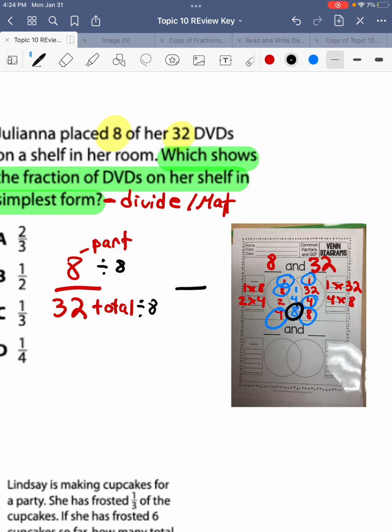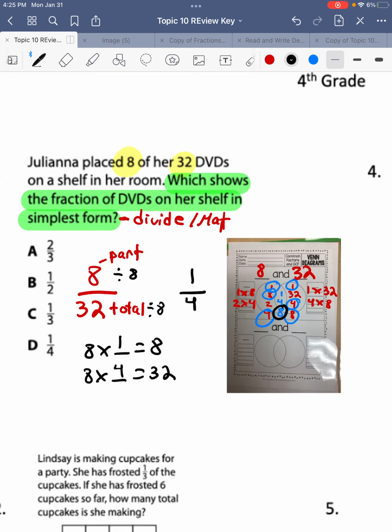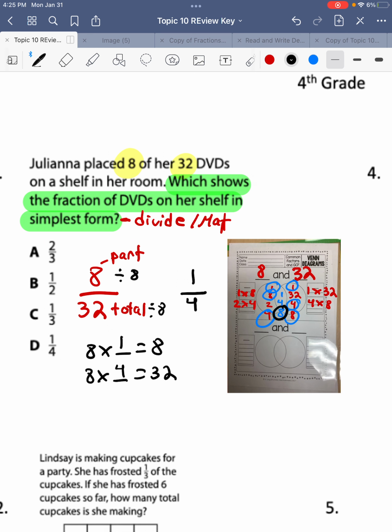Remember, if you don't know, ask yourself, what times 8 gives you 8? That'd be 1. So 8 divided by 8 is 1. 32 divided by 8, same thing. What times 8 gives you 32? That would be 4. So 32 divided by 8 is 4. So that means that my fraction in simplest form is 1/4, D.